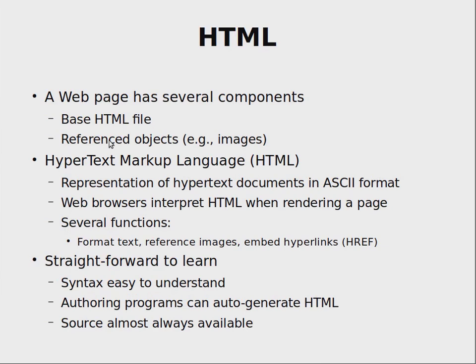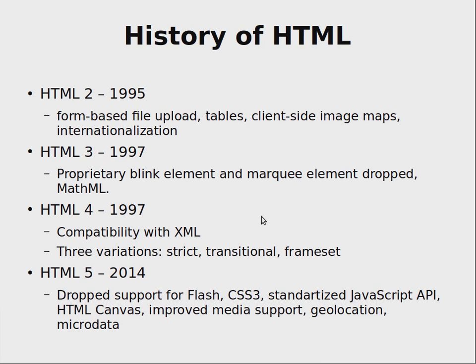And then this HTML is interpreted by the web browser, and while it's interpreting, it may also request more resources from the server with different URLs. And the history of HTML: the initial widely used HTML version was version 2.